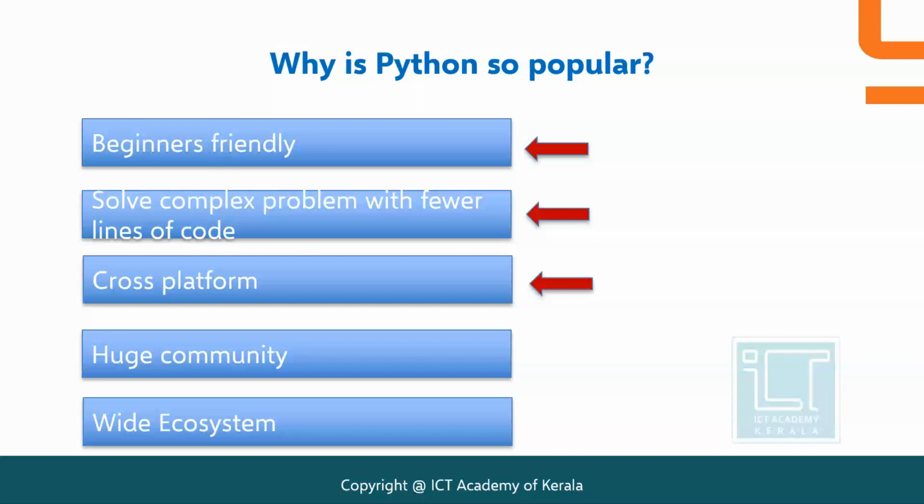The next point is huge community. If any programming language lacks developer support or documentation, then it doesn't grow much. But Python has no such problems because it has been here for a very long time. The Python developer community is one of the most incredibly active programming language communities.